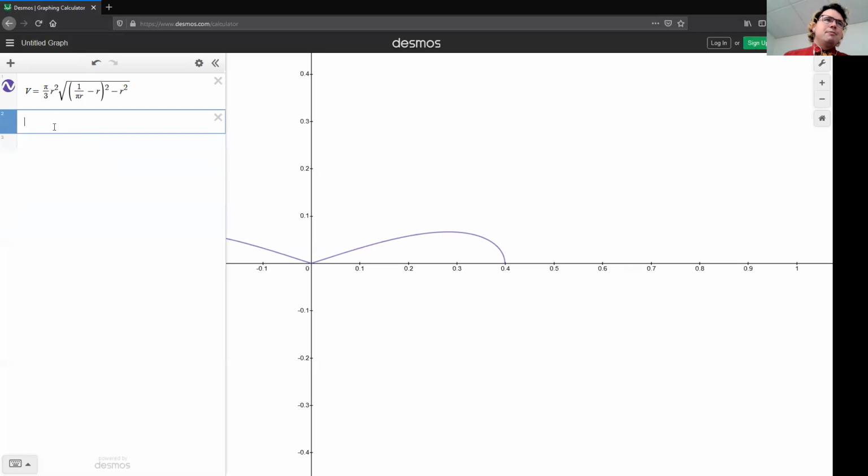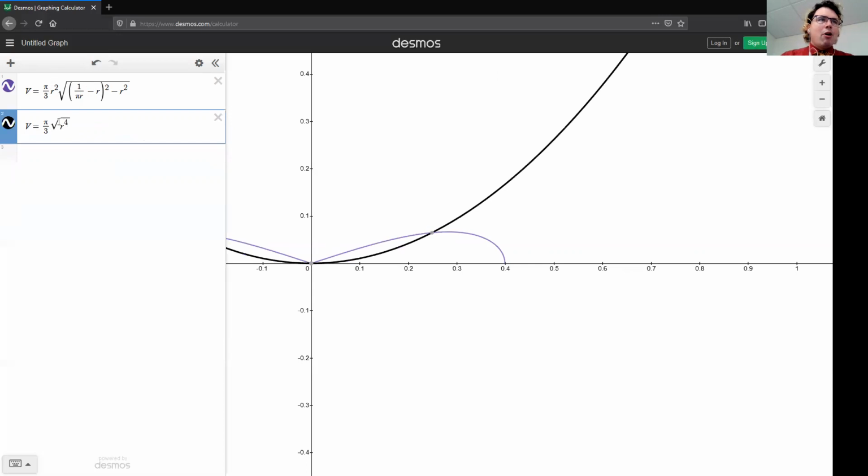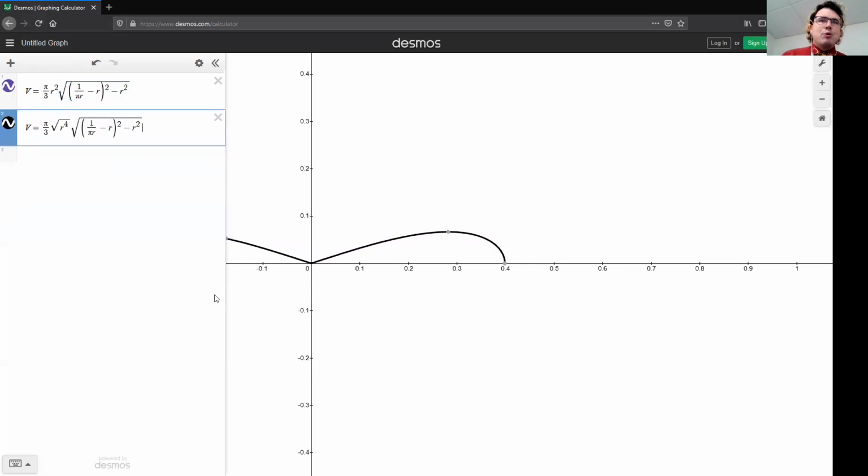Now, what am I going to do? I'll say that my V function is actually equal to pi divided by 3, and r squared is the same thing as the square root of r to the power 4, multiplied by the square root. So I have exactly the same function, just with the formula written slightly differently.